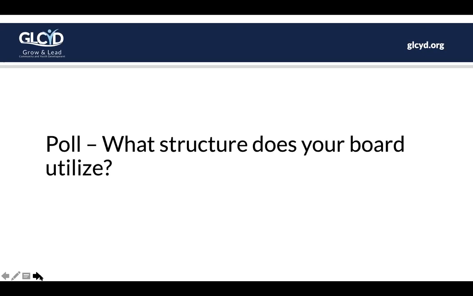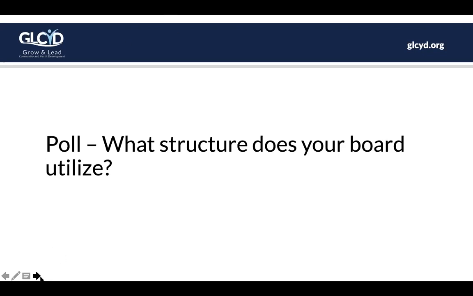If you are a working board, and everyone is on the same page and you have staff now because you've grown, you can move up to that governing board. And if you're a governing board and things are going really good and it's okay for the board to step back a little bit, you can move up to that institutional board.